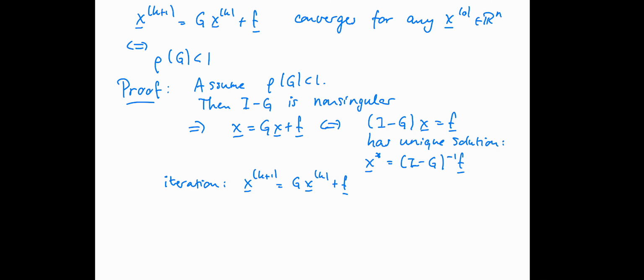On the other hand, we have that x star equals g x star plus f. And now I'm going to subtract them. And if I do that, let me get a little bit more paper.